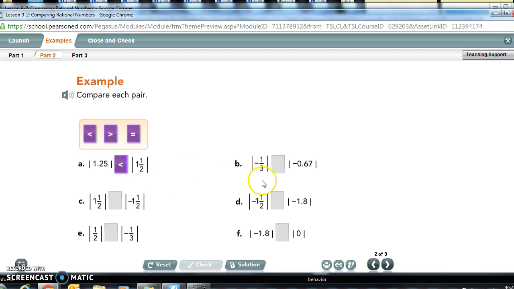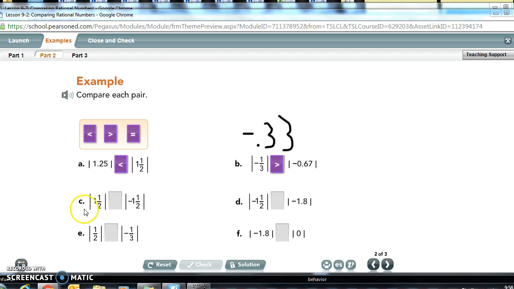Okay, go ahead on to B. Well, I know 1/3 is equal to 0.33. Okay, so the symbol I need to see is what? Let's compare. Which one is farther to the right on the number line? The answer should be this one, because I would much rather have negative 33 cents than negative 67 cents. Again, all of these need to be in your notes for points.